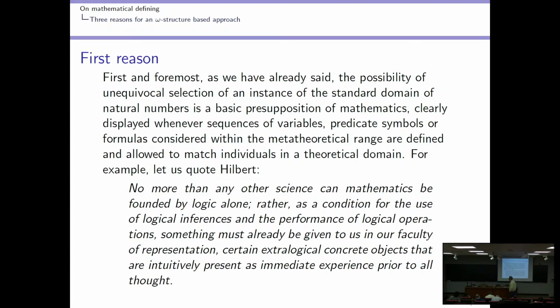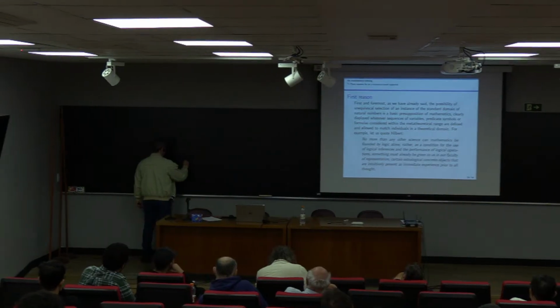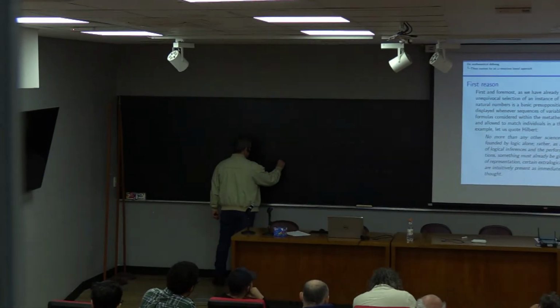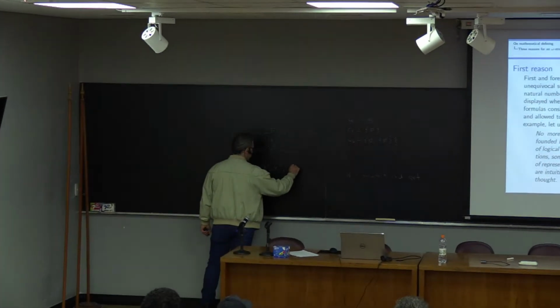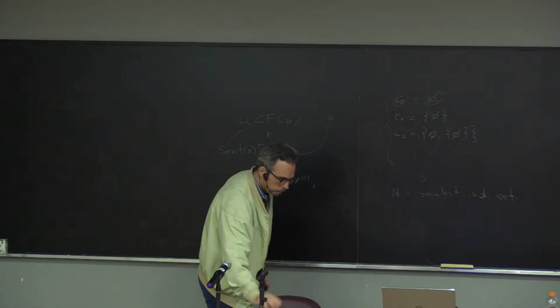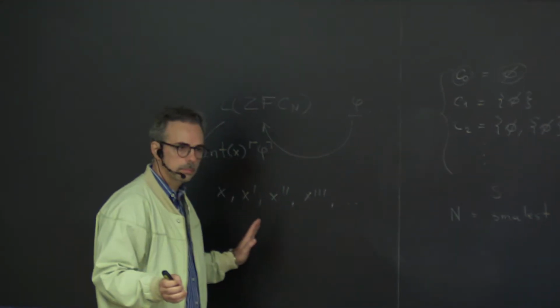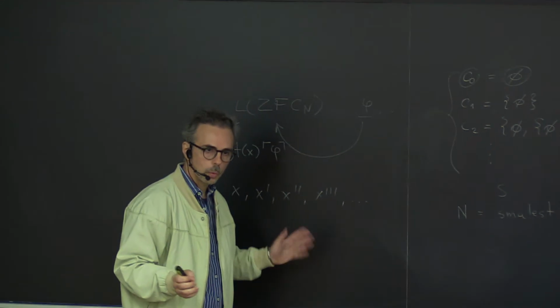Now, I can ask you, what are the individual variables of a first order language? And you will say, well, x prime, x2 primes, x3 primes. And this is considered to be an answer. So why?